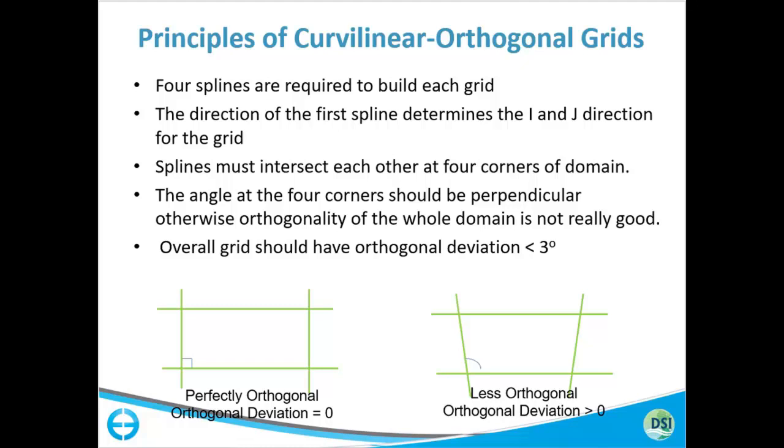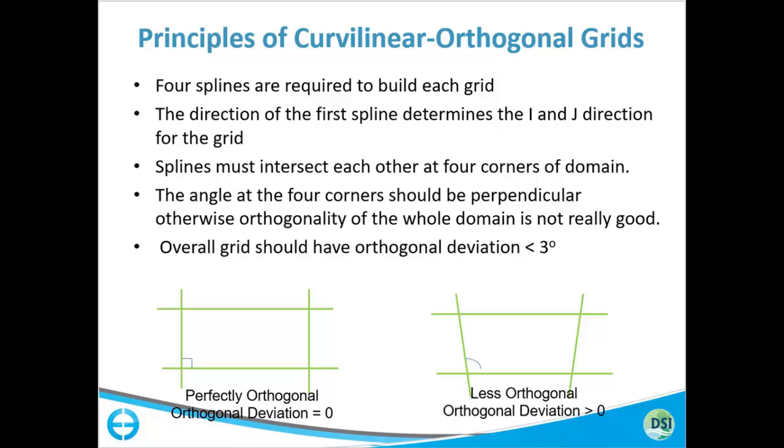The principle of orthogonal grids. Basically, you have 4 splines or 4 lines. If they are perfectly 90 degrees to each other, that's a perfect orthogonal. But if it is deviating, if it is not exactly 90 degrees, it's less orthogonal.